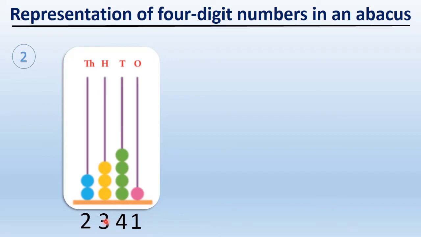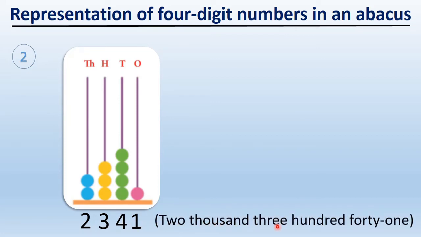So all these digits together, here we have a 4-digit number 2, 3, 4, 1. So the number represented by this abacus is 2341.